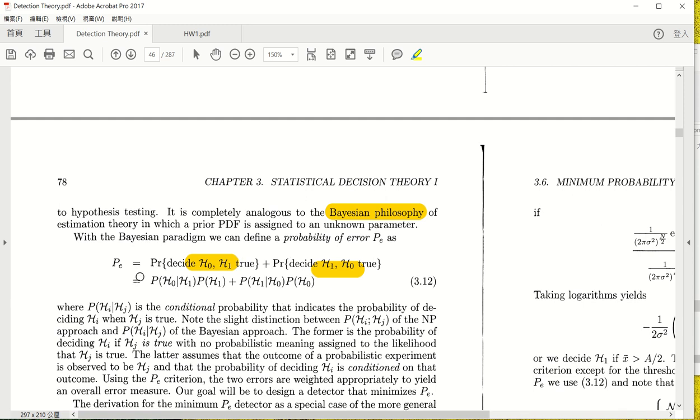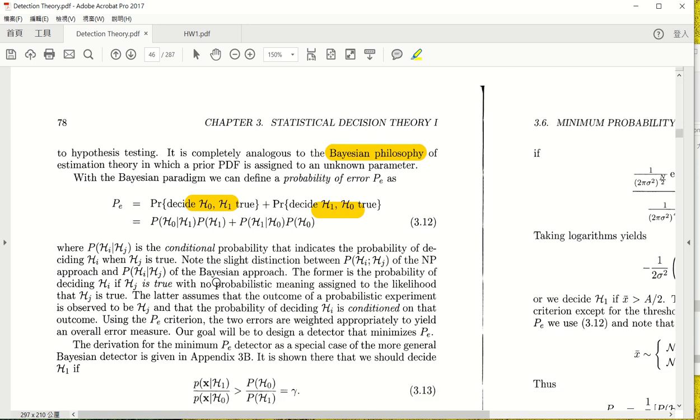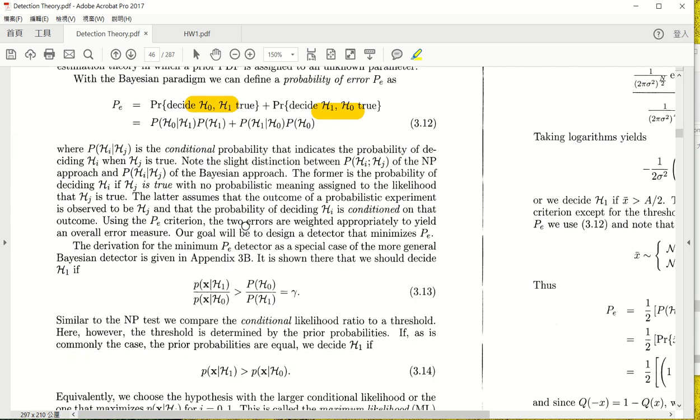And to go from here to here, I want you to recall the Bayesian philosophy, or sometimes people call it the Bayesian principle, in the probability theory. Conditional on H1, you are making an error. Conditional on H0, you are making an error, and it has to be multiplied with its prior probability.